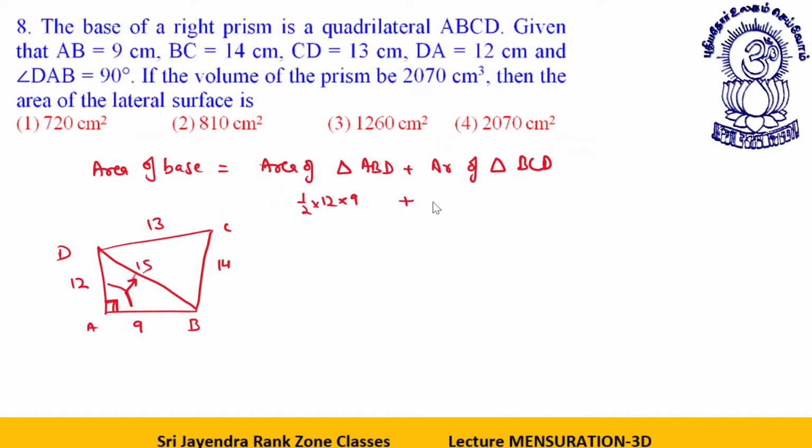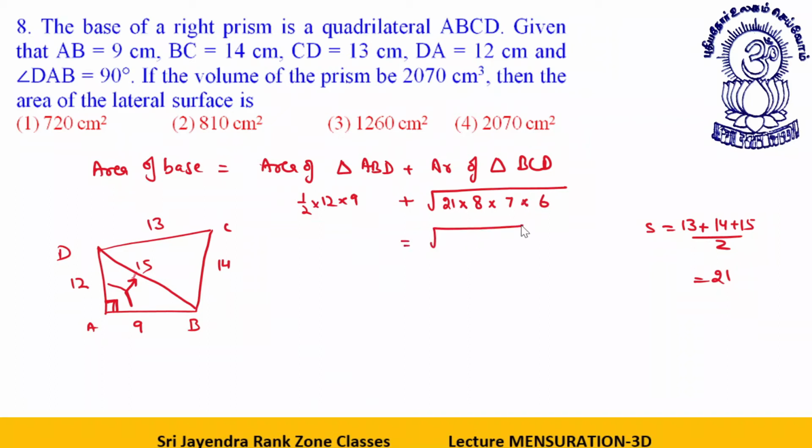So this will be by semi-perimeter rule. What will be the S of this triangle? S will be 13 plus 14 plus 15 by 2. It will be directly 21. Fine. So this will be 21 into 21 minus 13, 8. 21 minus 14, 7. 21 minus 15, 6. Okay.